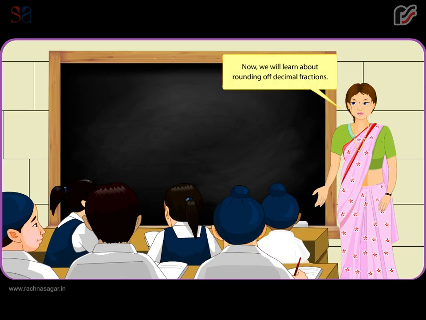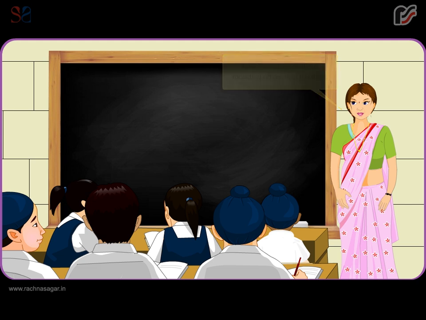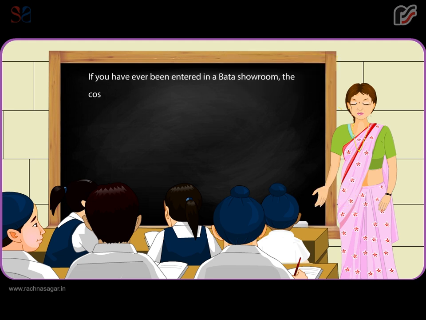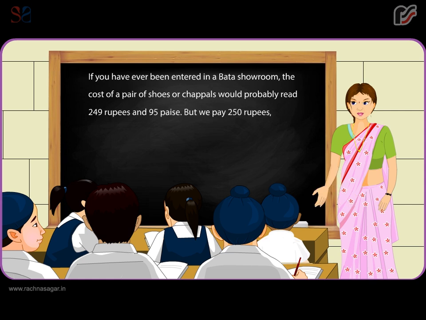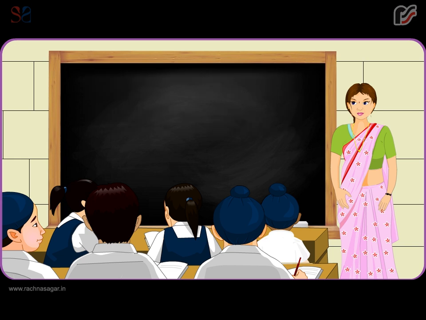Rounding off decimal fractions. Now we will learn about rounding off decimal fractions. If you have ever entered a Bata showroom, the cost of a pair of shoes or chappals would probably read 249 rupees and 95 paise. But we pay 250 rupees, that is 249 rupees and 95 paise has been rounded off to 250 rupees.